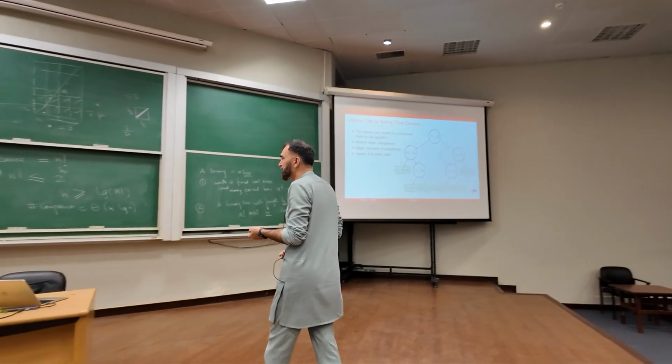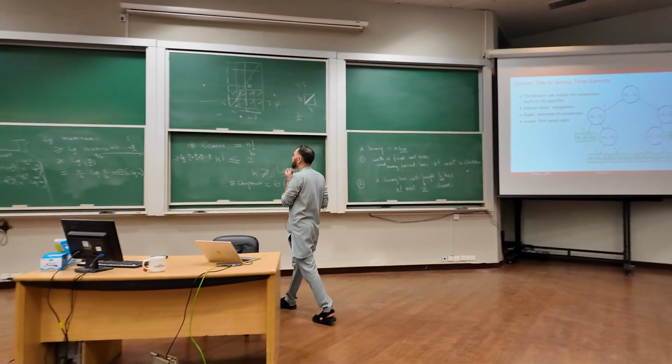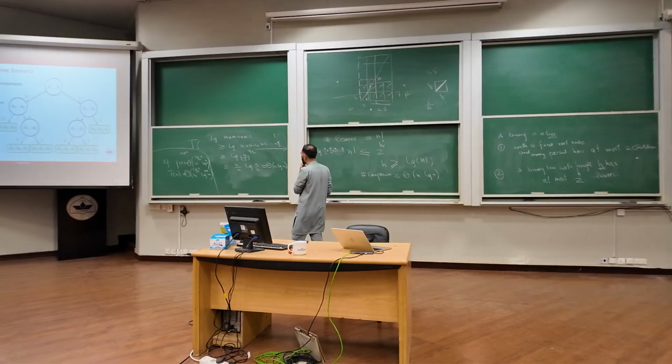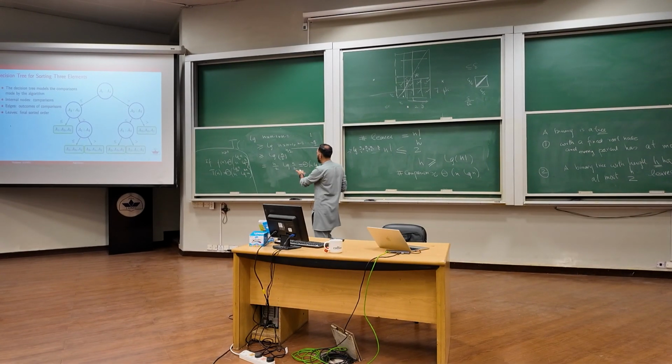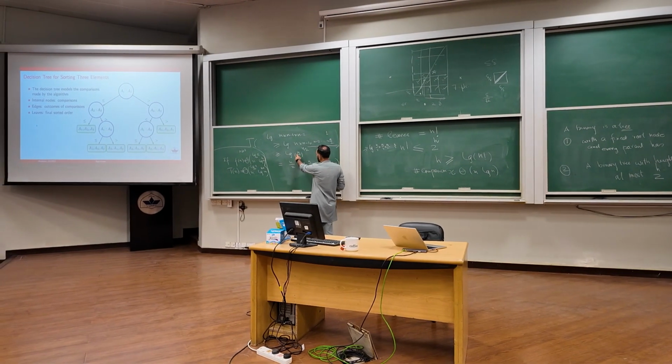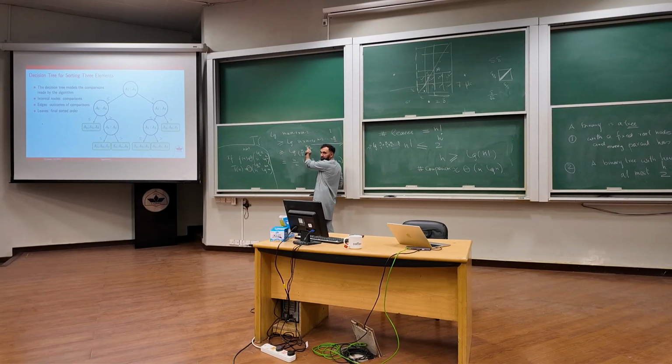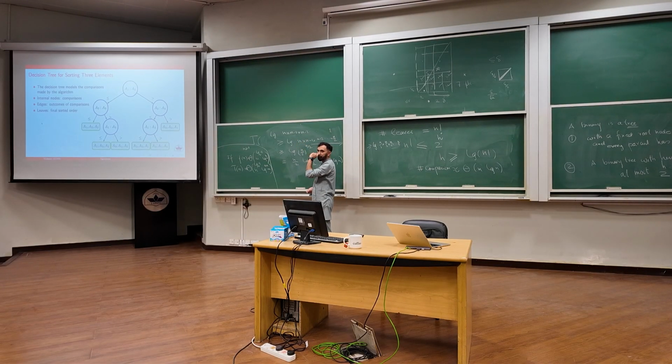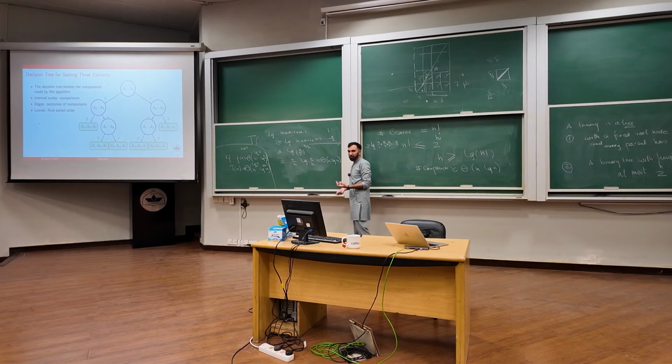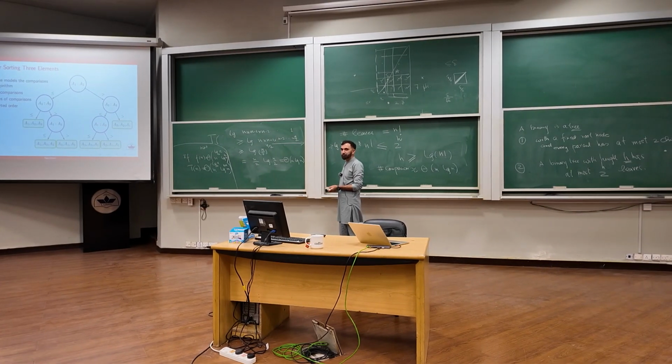What else could I have done? Anyone have any other ideas to fix this? I could have done 3n over 4 to the power n over 4. That would have done it for me. I need a fraction of n here to the power of a fraction of n here. So n over 2 is, I think, the simplest thing I can do here.